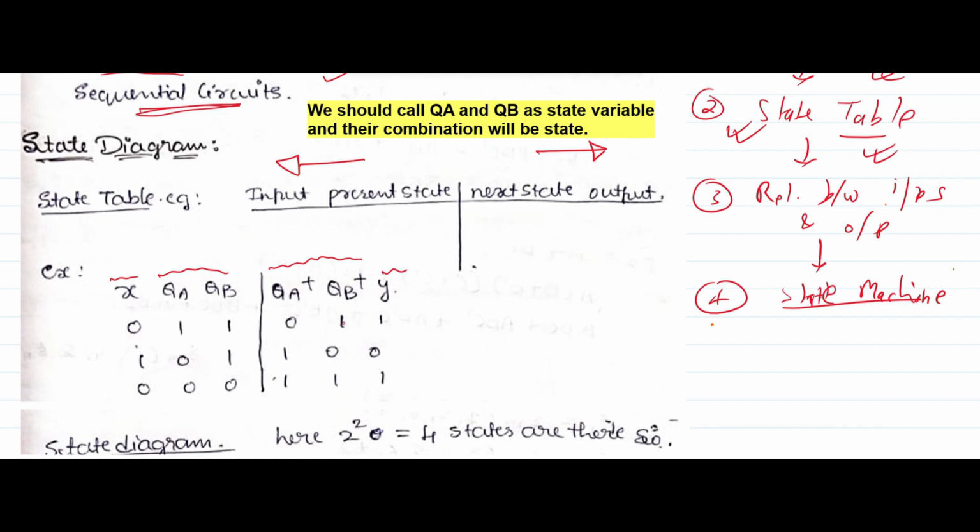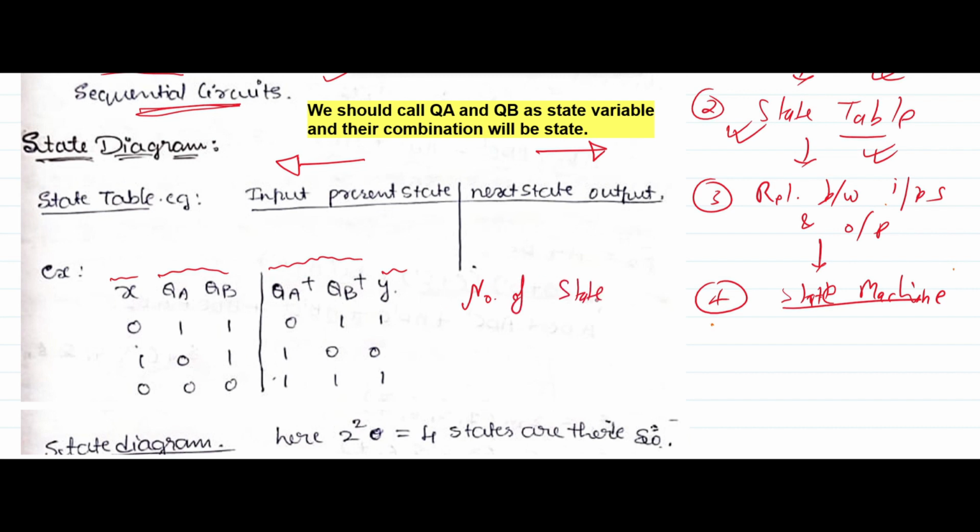Now remember one thing here: if I am using two states, qa and qb as present states, that means this state machine requires two memory elements or two flip flops.